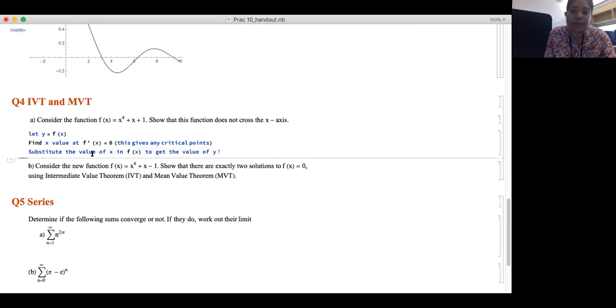Or global minimum or maximum, okay? What would be the critical point? What's f dash x? Yeah, second derivative should be positive in that case, yeah?